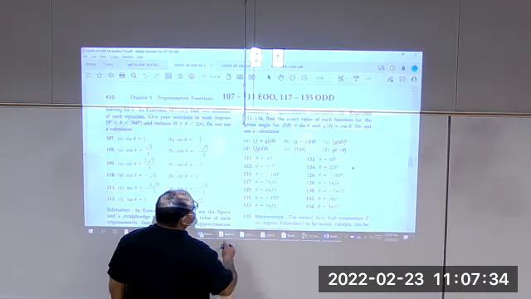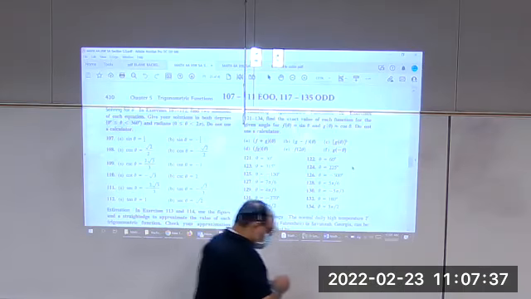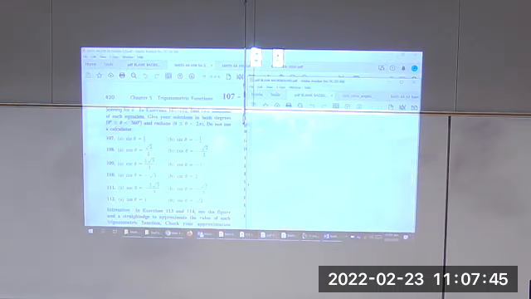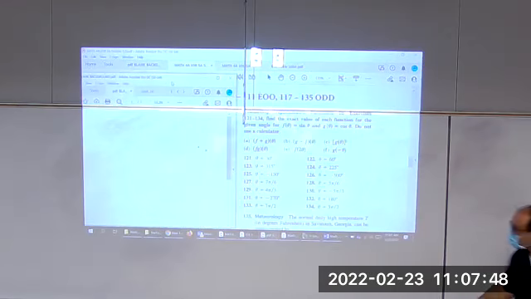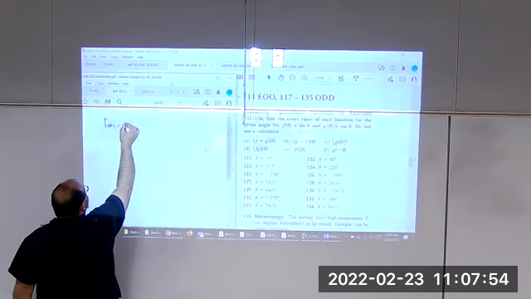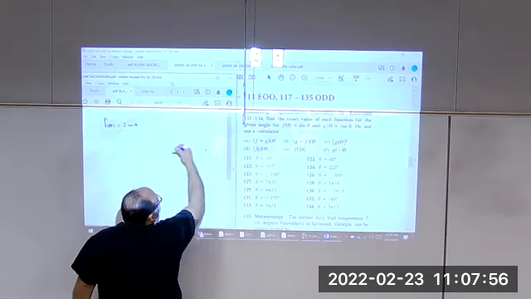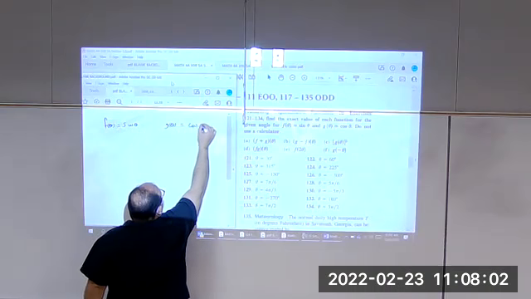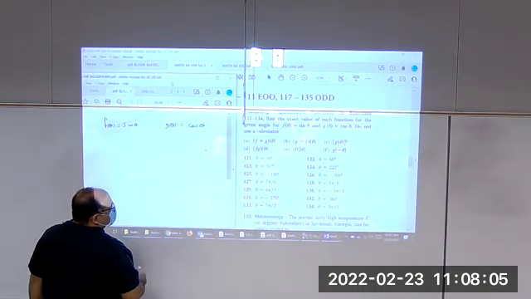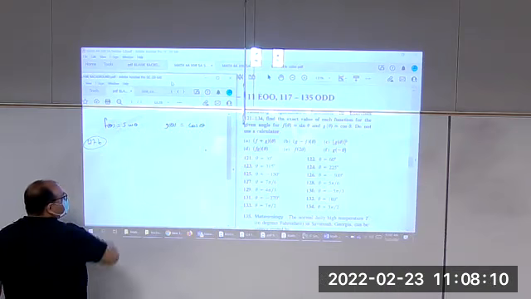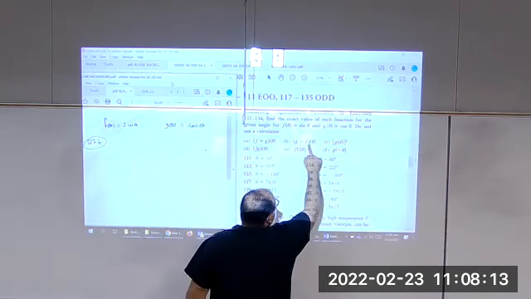So number 127, F of theta is sine theta. F of theta equals the sine of theta, and G of theta is cosine theta. So 127B: G minus F of theta.